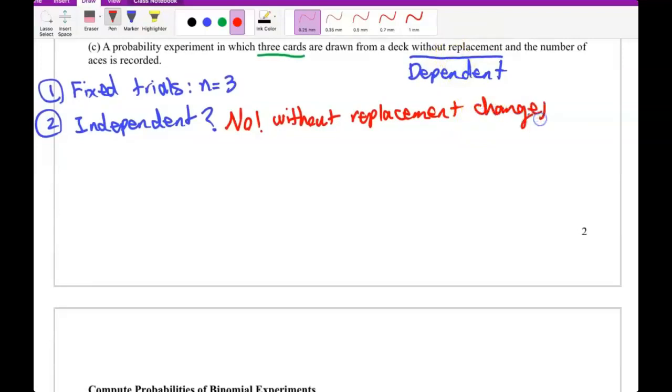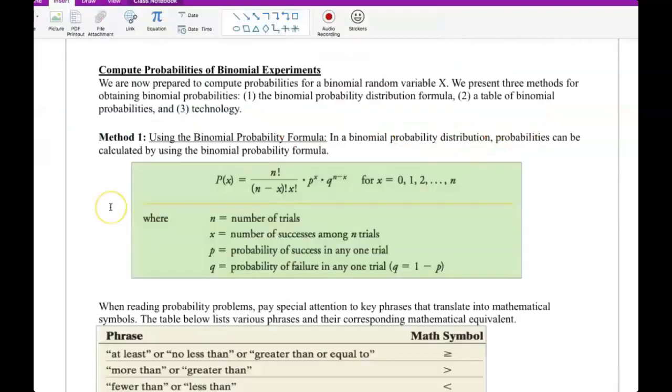So without replacement changes the probability of success. So what that means, this is not binomial.